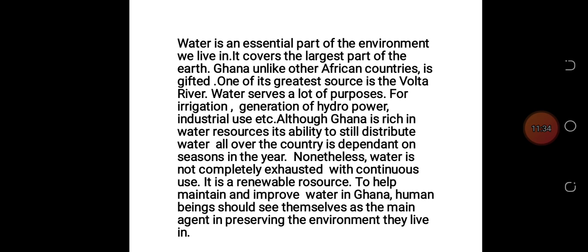And also we should know that as human beings, we are the main agent in preserving the environment we live in. I hope the summary makes the passage clear and we can understand when we read the passage itself in order to answer the questions attached to the passage.